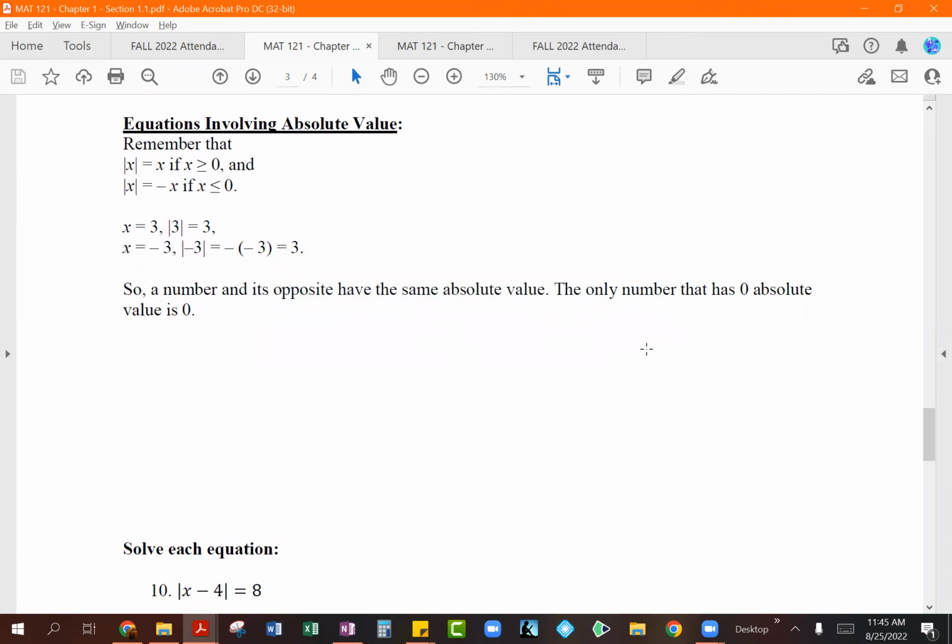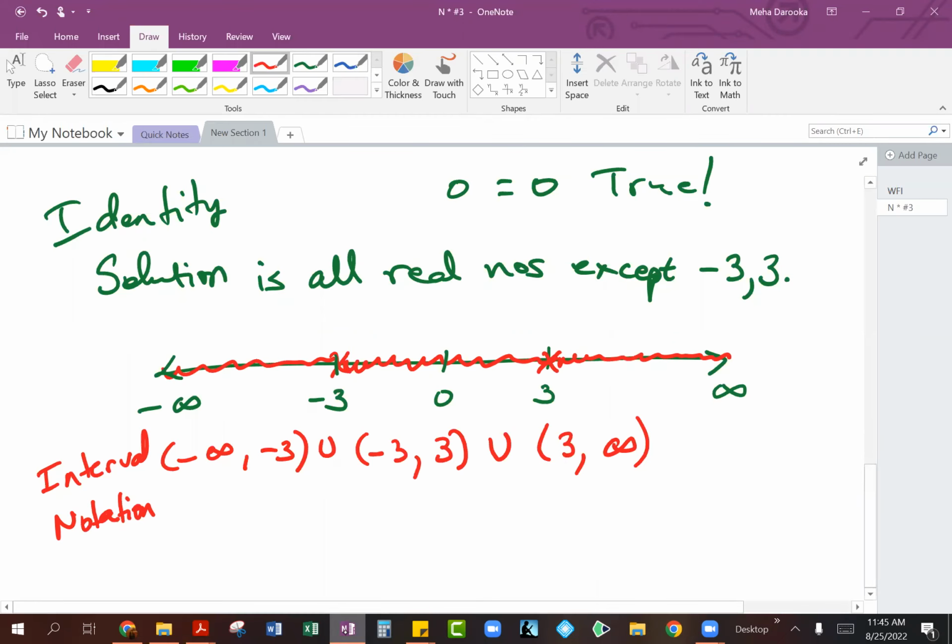Alrighty. What can you tell me about what you understand of absolute value? You can give me a definition, or you can just tell me in simple words what you understand about absolute value. Oh my God, that is perfect.